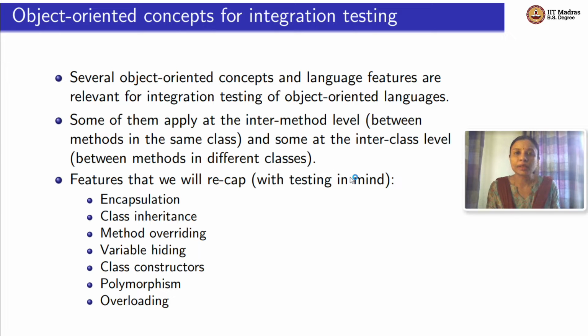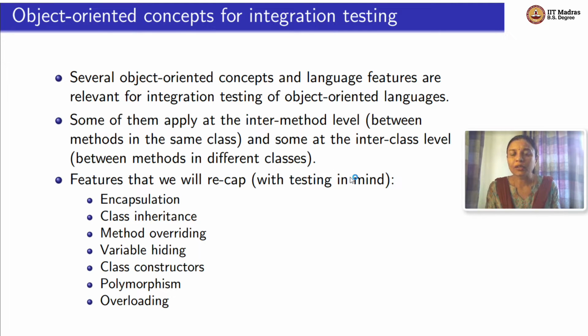They are rich with several features that aid programmers to write beautiful programs that can do a lot of work for us. When it comes to testing at the unit level, almost all that we saw, graphs, logic, mutation testing, can be used for object-oriented programs.